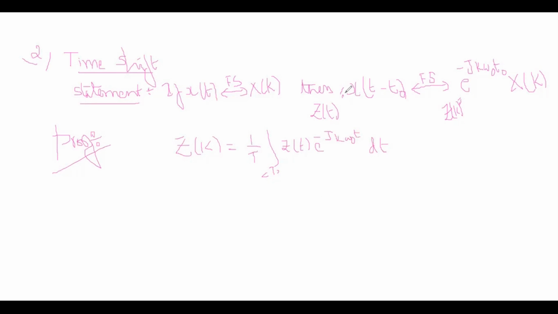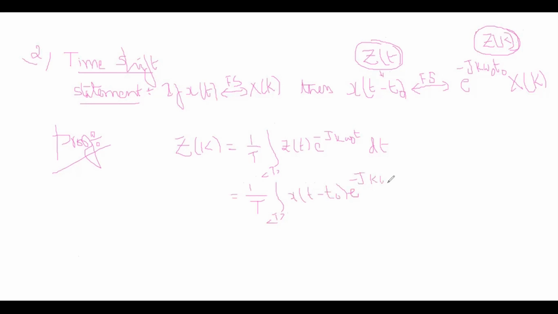This is z of t, given as x of t minus t naught, and this is z of k. So z of k is equal to 1 by T the integral of x of t minus t naught e power minus jk omega naught t dt.